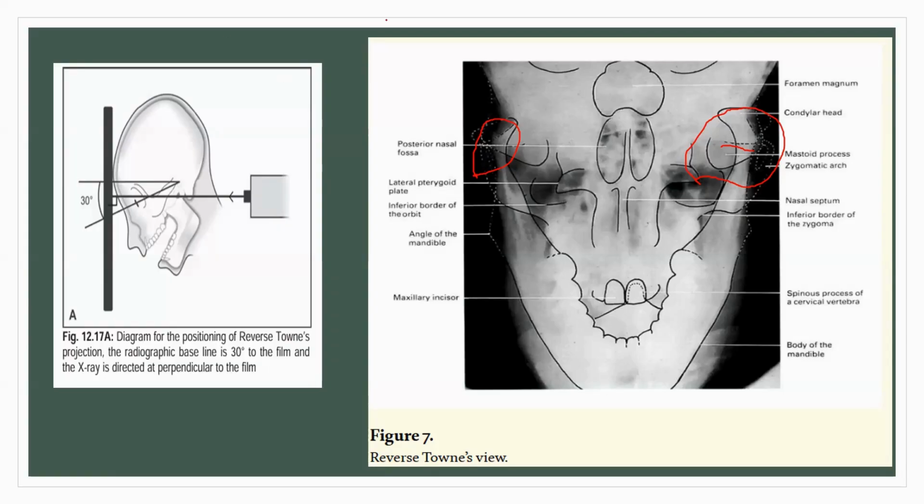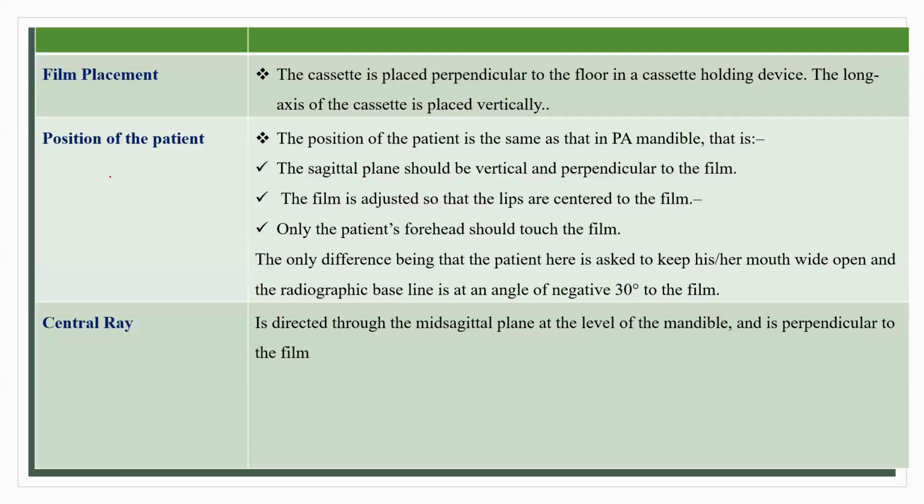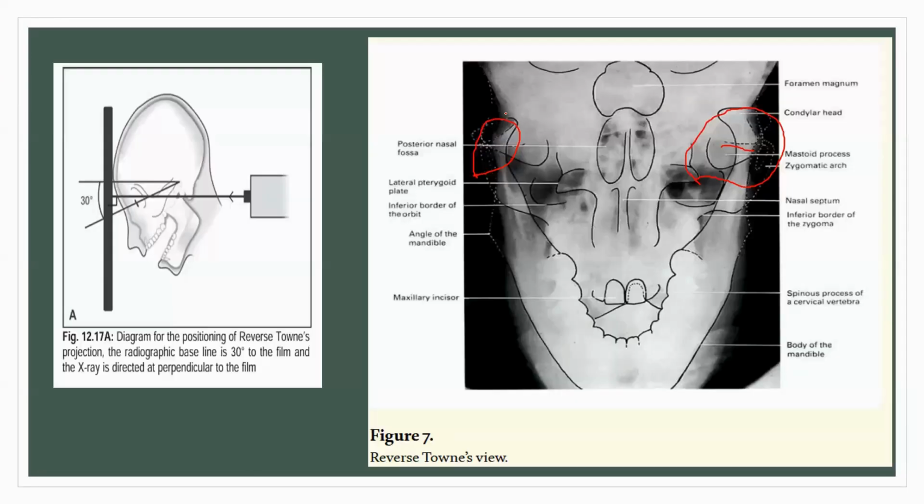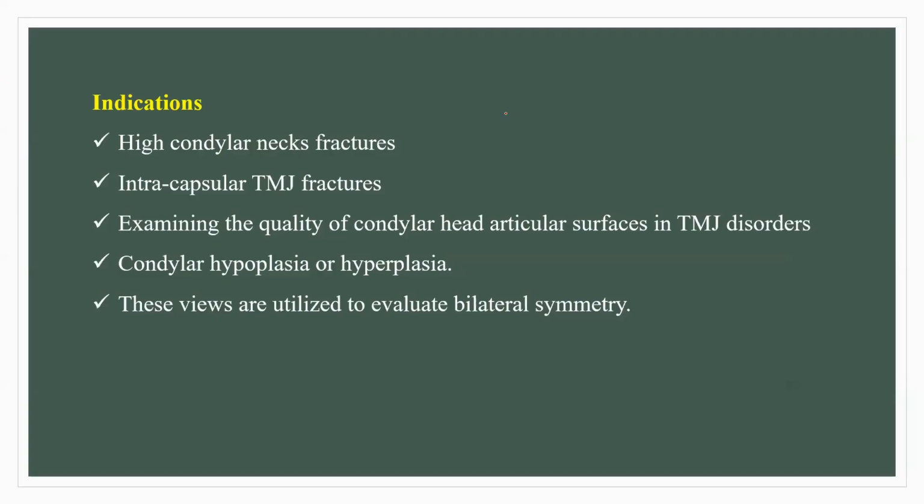That is again a diagrammatic representation of the picture we have shown, how the patient is positioned and how the central ray enters. The cassette is placed perpendicular to the floor in a cassette holding device. The long axis of the cassette is placed vertically. You can keep this picture in mind.